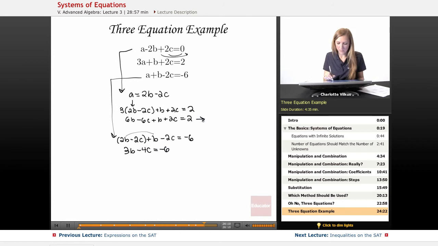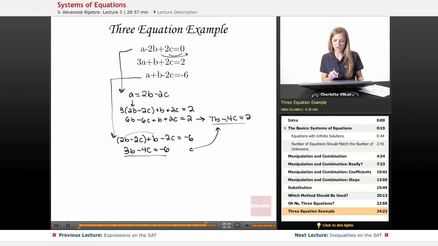And here, when we combine like terms, I'm going to get 7b and then -4c equals 2. So given these two equations, I then want to decide if I want to use combination and elimination or substitution.